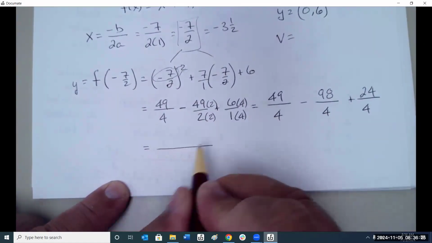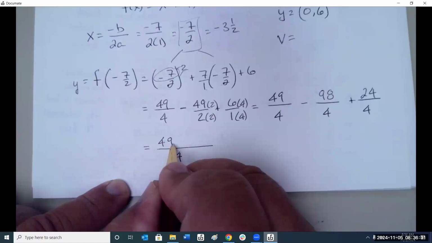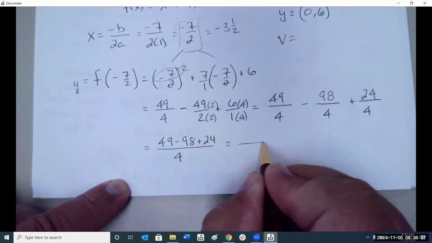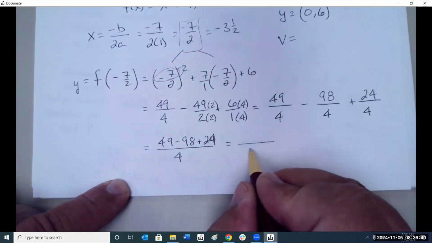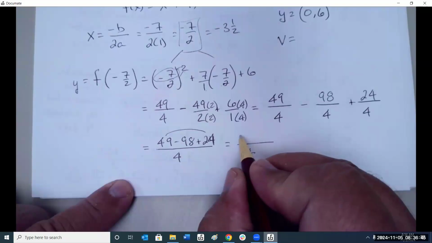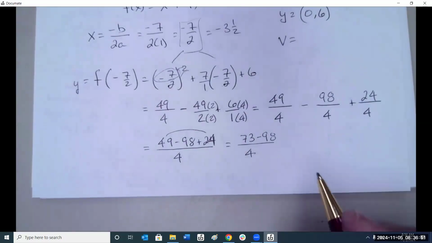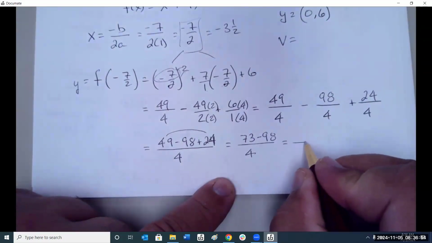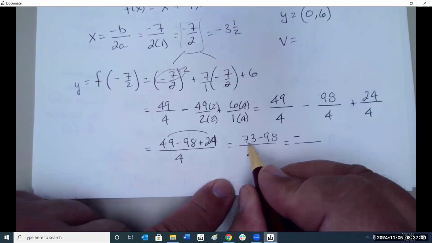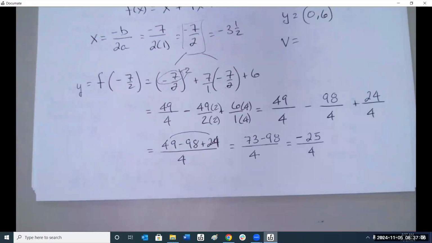Since I have all the same denominator, 49 minus 98 plus 24. -49 plus 24 is... 73 minus 98. 98 is bigger, so it's negative. 98 minus 73 is 25.